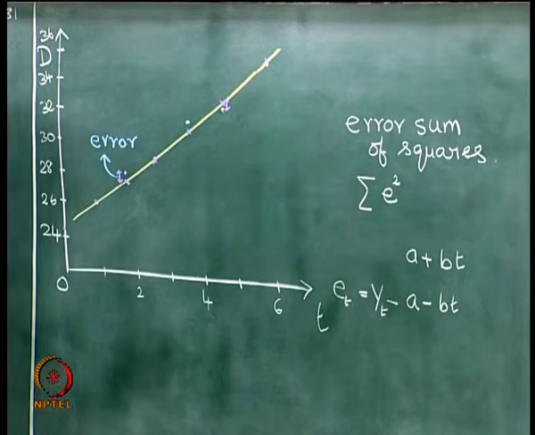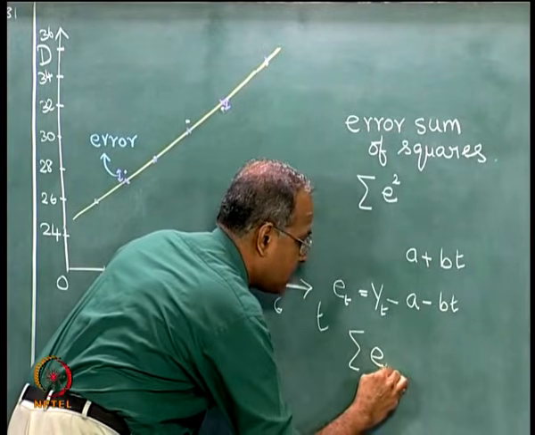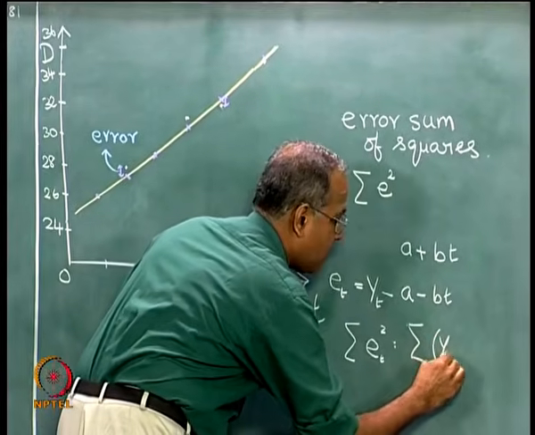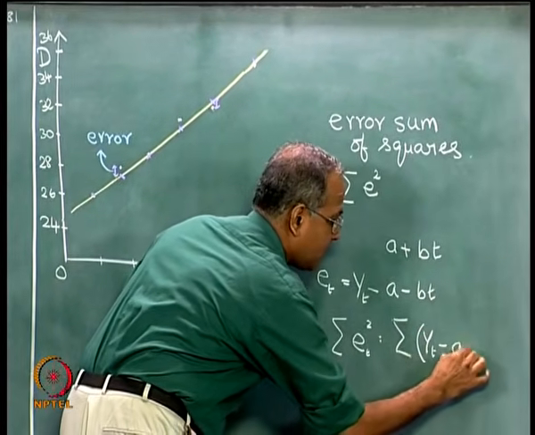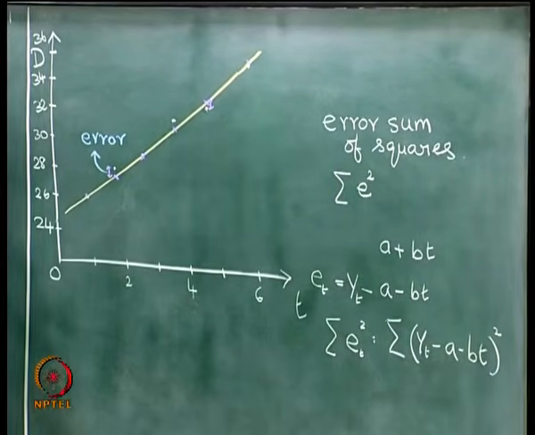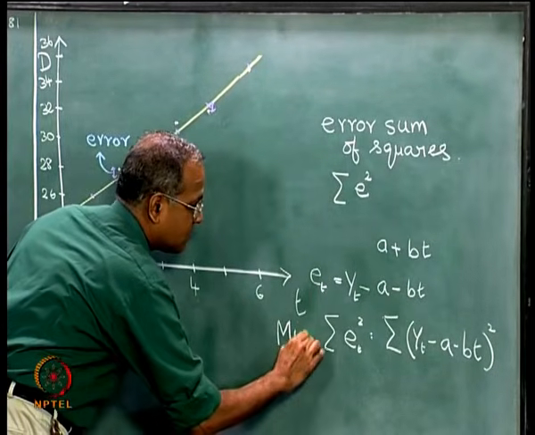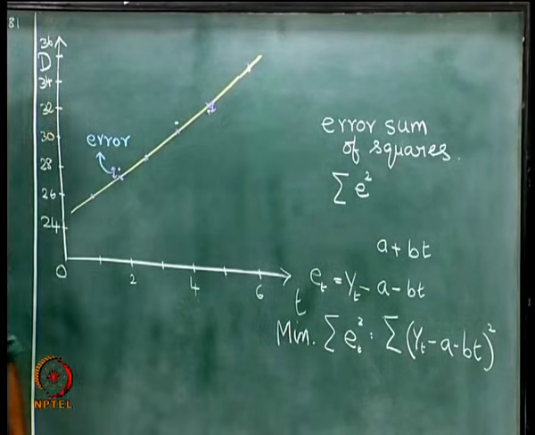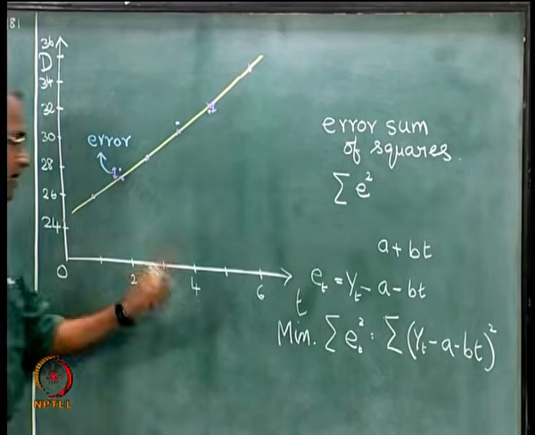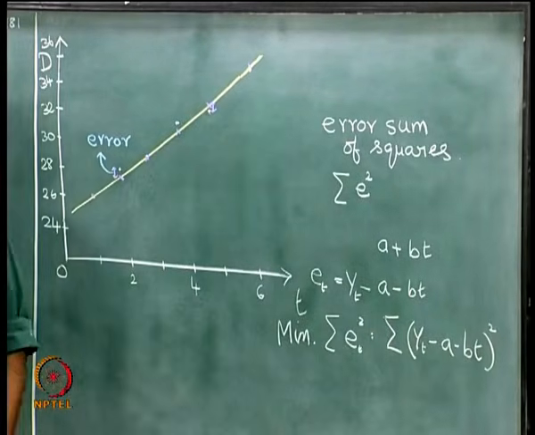Now sum of squares of these errors will become sigma Et square is equal to sigma Yt minus a minus bt square. Now we want to minimize the error sum of squares, which gives us minimizing Yt minus a minus bt the whole square.